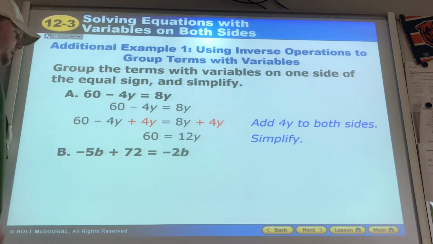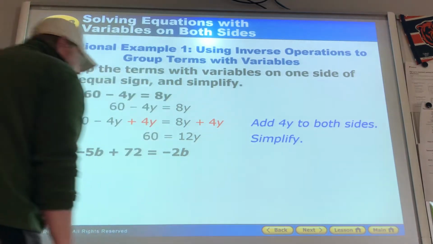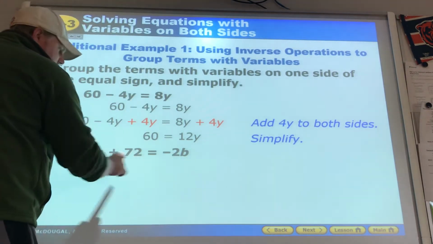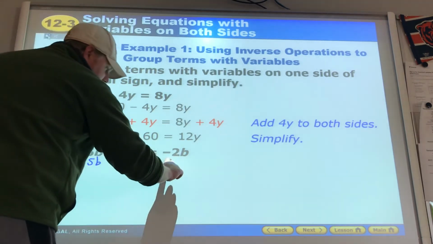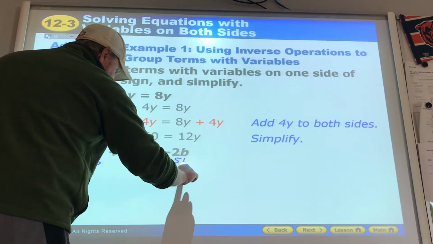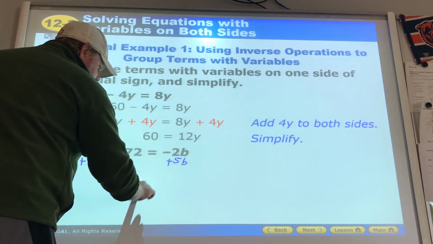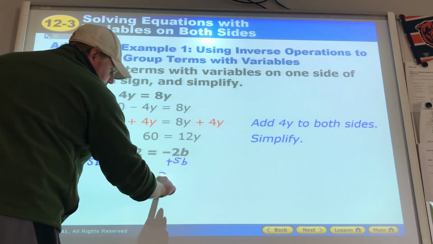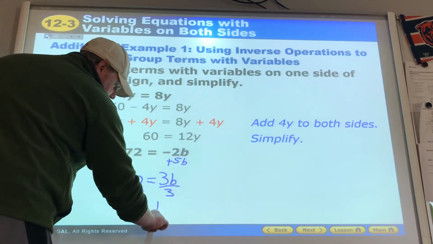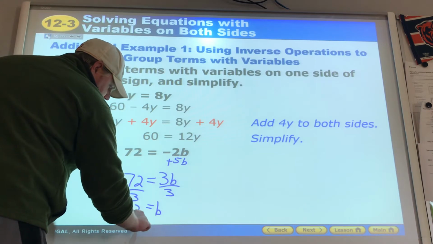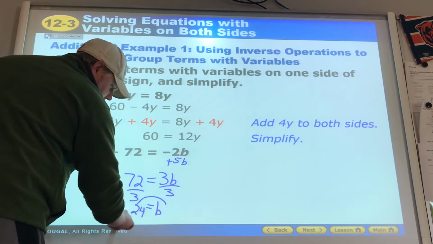All right, this one. This and that are like terms. If I add 5b and I add 5b, I would get 72 equals 3b, divided by 3, b equals 24.